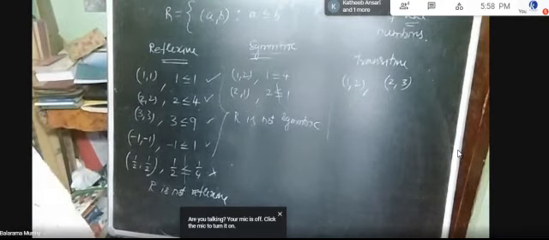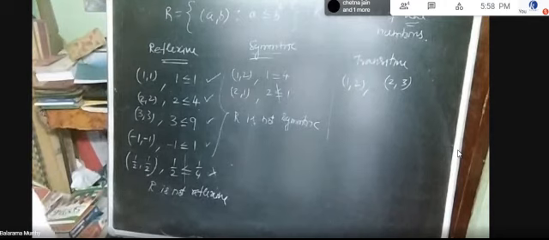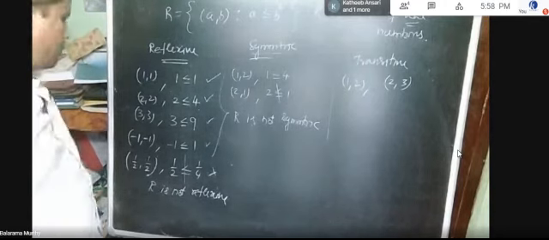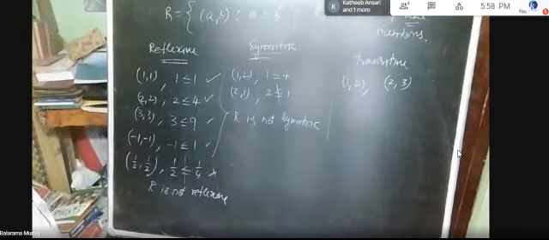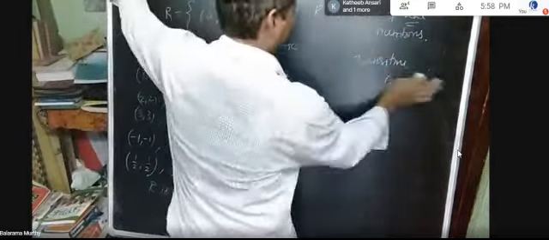Transitive. For integers, it satisfies. Then what about the fraction part, the numbers? Real numbers will satisfy.